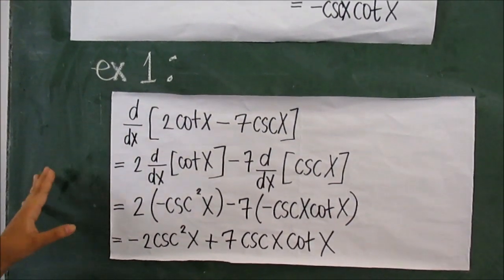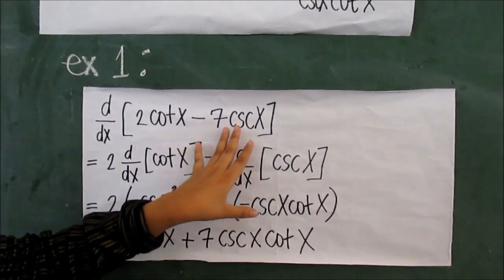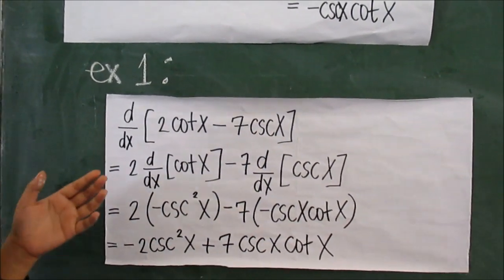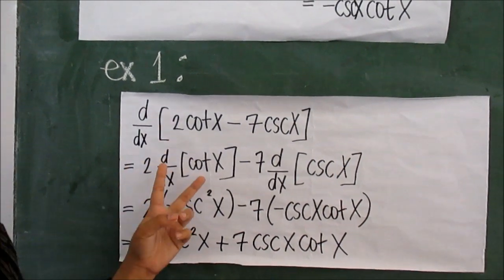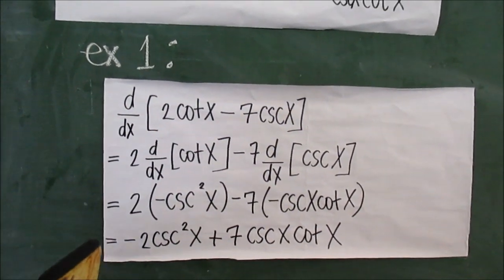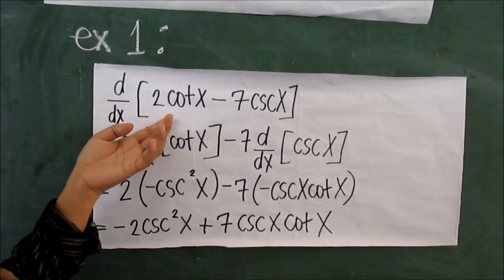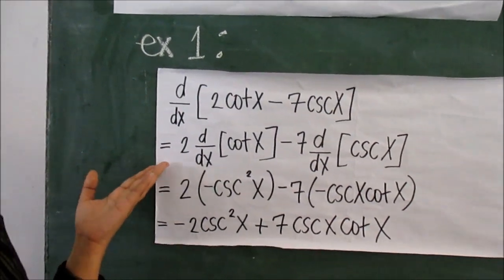Find the derivative of 2 cotangent x minus 7 cosecant x. So, since it has two terms, makikita nyo rito na whole number ito, so papalabasin natin yung 2 rito.